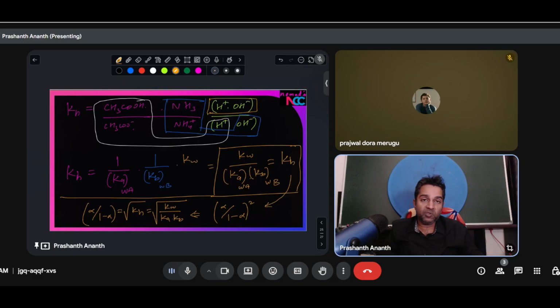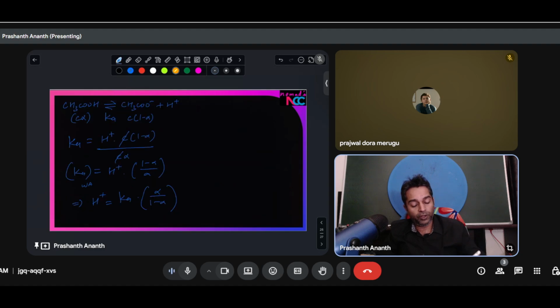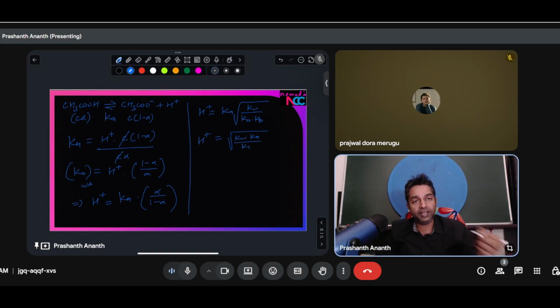If I substitute this into the previous expression, H plus concentration works out as Ka into square root of Kw by Ka into Kb, wherein the Ka goes inside, so H plus concentration is equal to the square root of Kw Ka by Kb. Automatically the same kind of thing can be done for OH minus also.